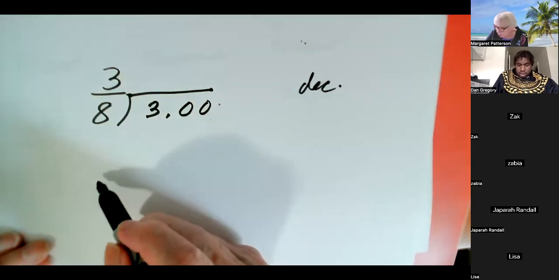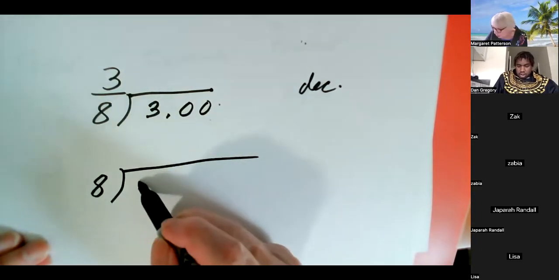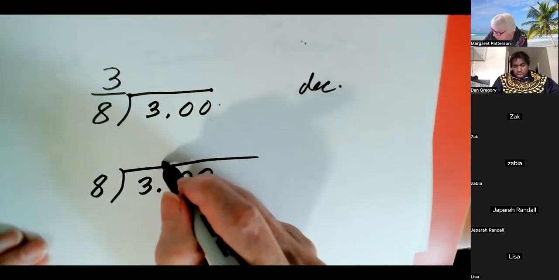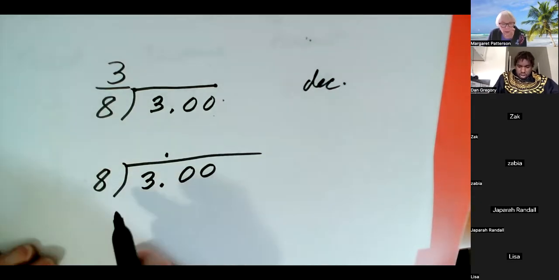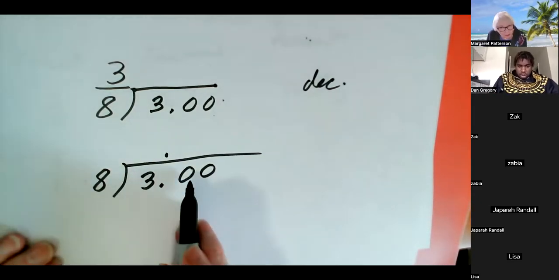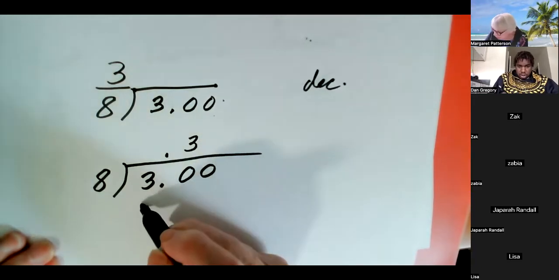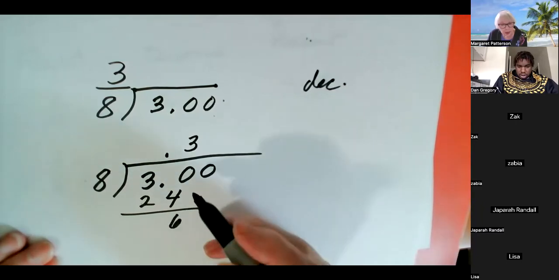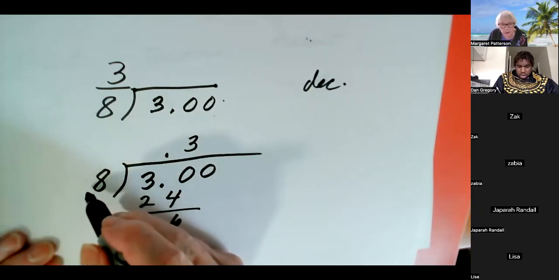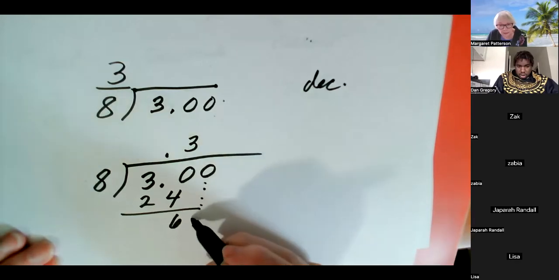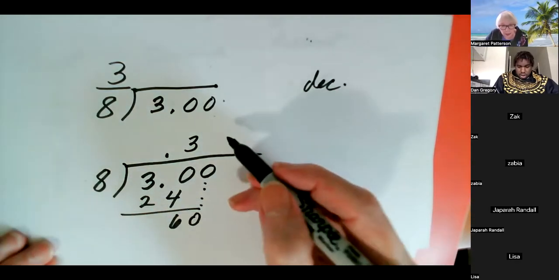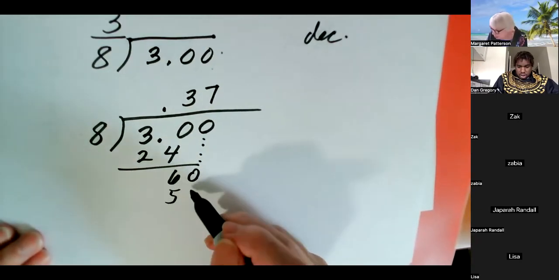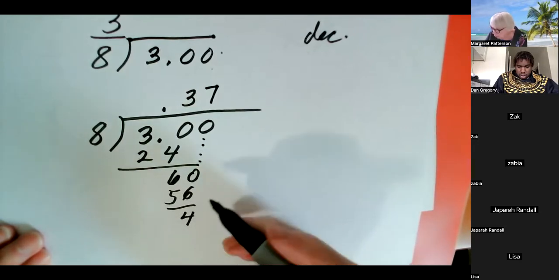That's right. I'm going to recopy it because some people don't like the mess. I'm going to add a couple zeros. 8 doesn't go into 3, but it does go into 30. 8 times 3 is 24. When we subtract, we get 6, which is good. It's smaller than 8. We bring this down. 8 into 60 is 7. 7 times 8 is 56, remainder of 4.